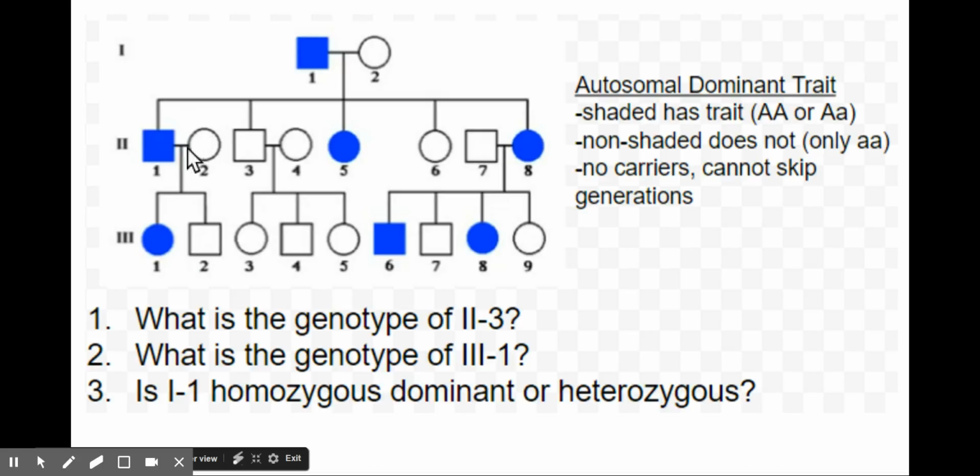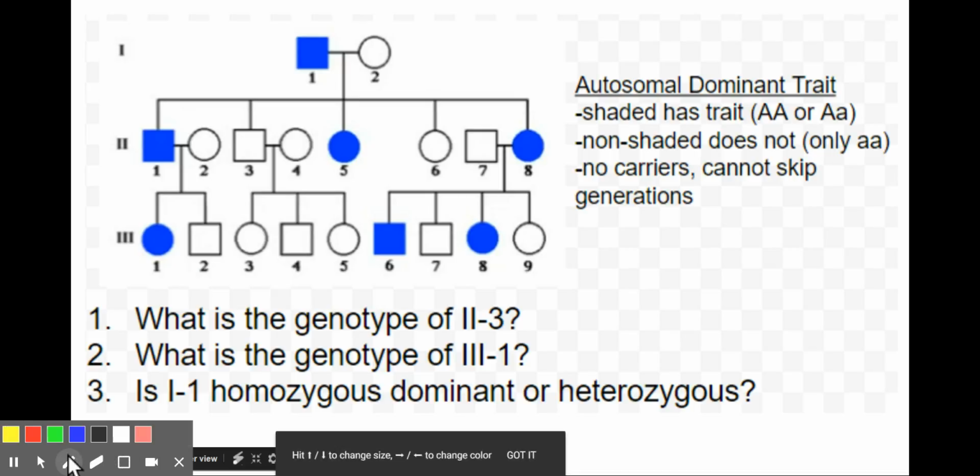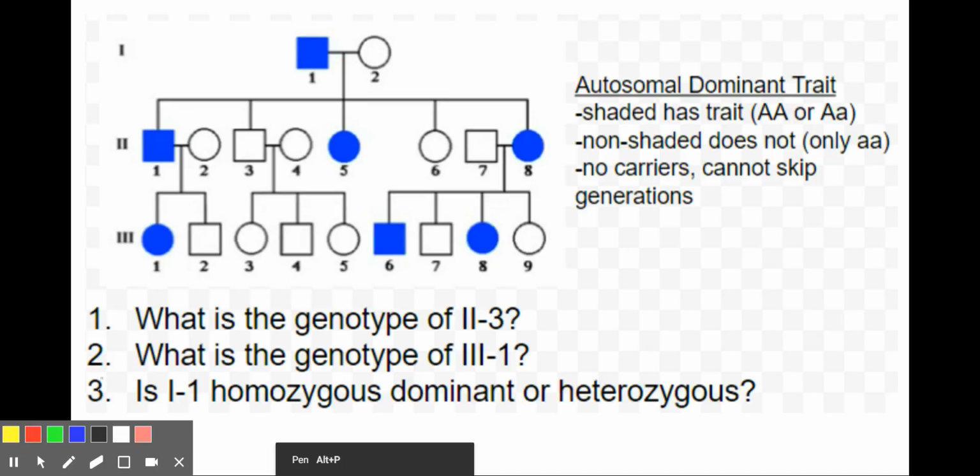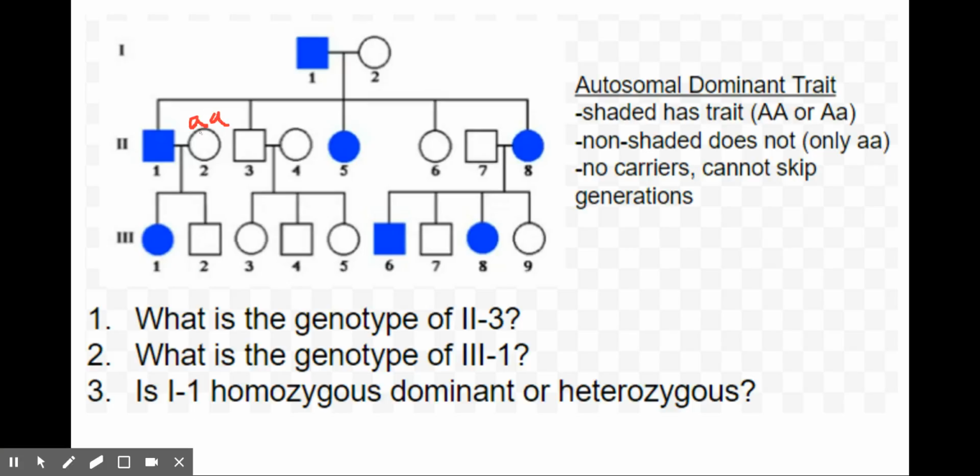And these parents here, one has the trait and one does not have the trait. Again, the one that does not have the trait here has to be small a, small a. So this mom could either pass this a or this a, but regardless, it's going to get a small a.